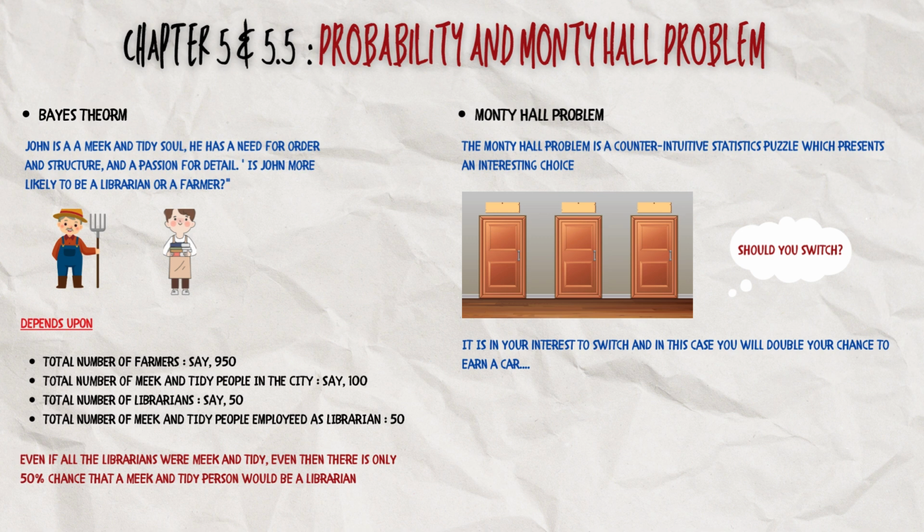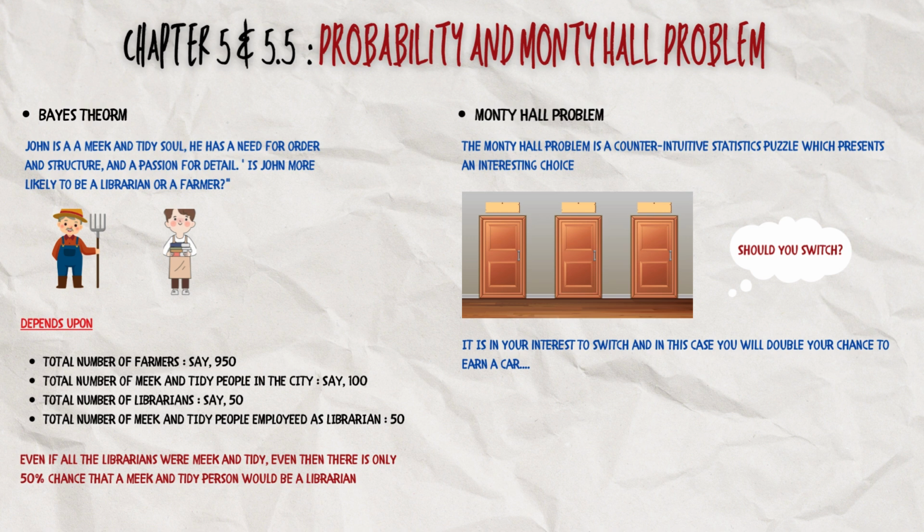And the crucial question is, should you switch to gate number 2? That's the question. And the answer is, you should switch, because objectively, if you switch, you double your chances of winning the car. That's absurd. Shouldn't there be a 50-50% chance of the car being in any of the doors?